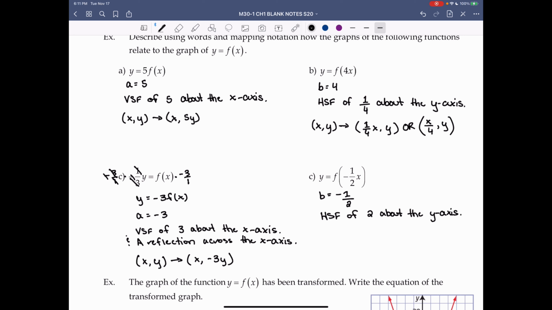And b is negative, so we also have a reflection about the y-axis. Then mapping notation, a point x, y on y equals f of x would go to the point negative 2x, y.